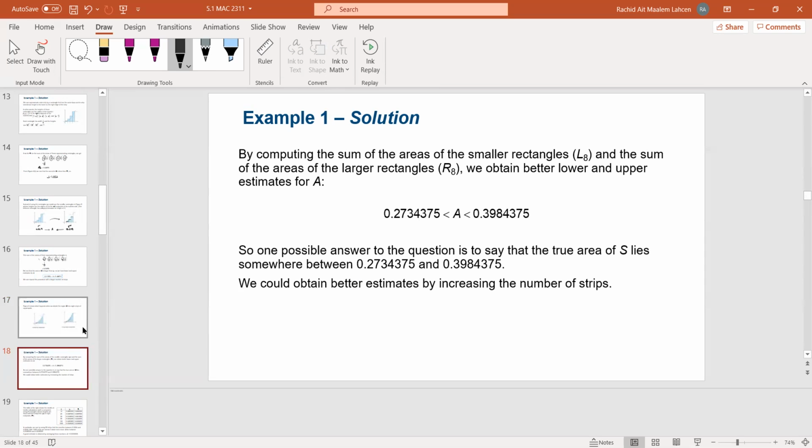So if we divide more, we use L8, so let's say 8 strips instead of 4. These numbers start to get better, improve.